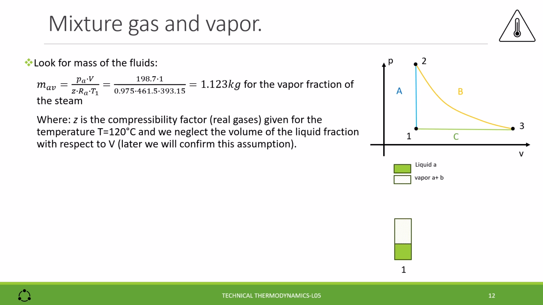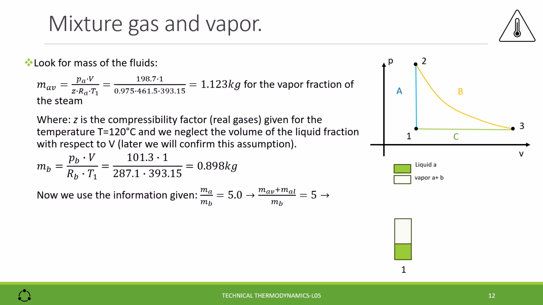Later on, we will confirm this assumption. The mass of the air is found using the state equation, and we get 0.898 kg.